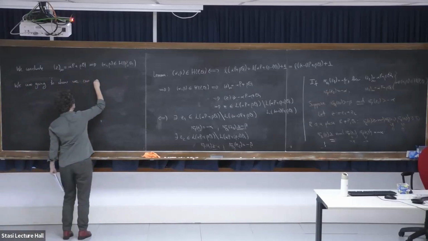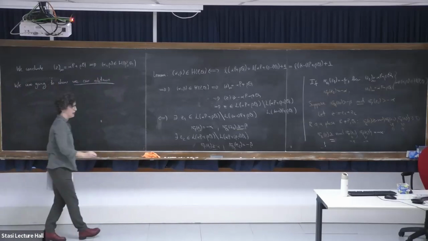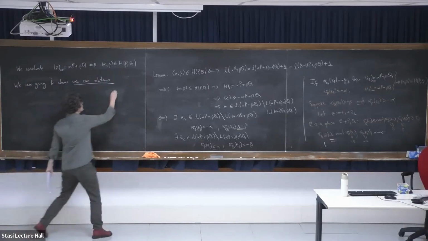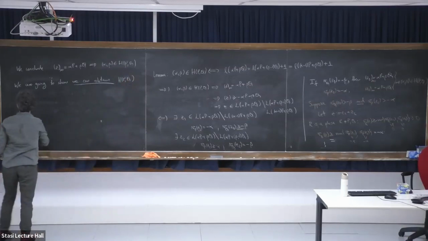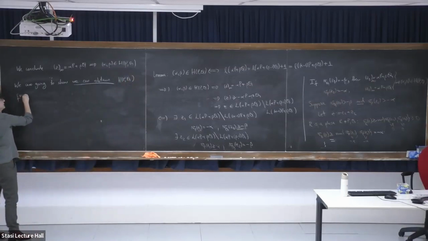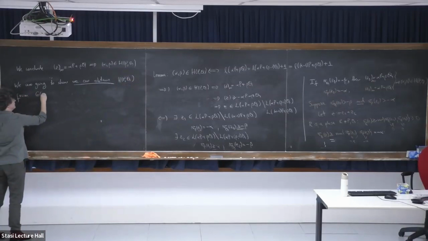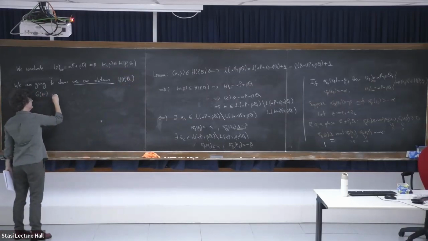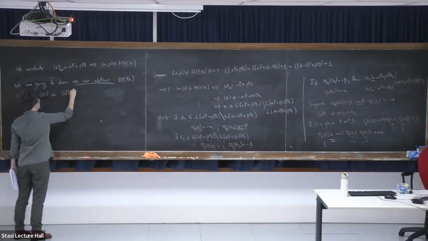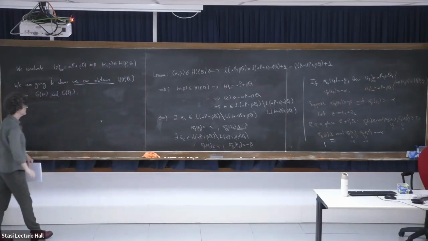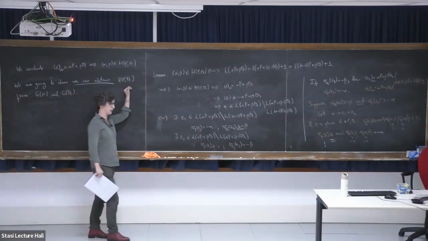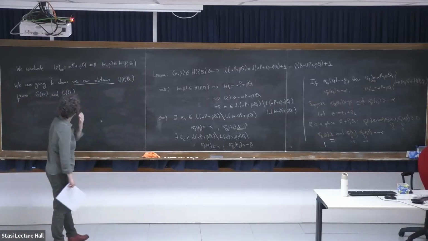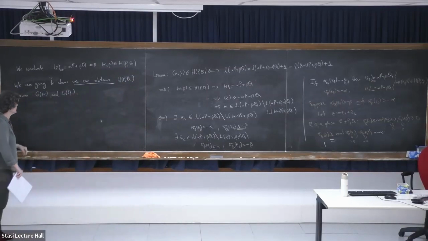There is a way to get this one from the gaps at the point P and the gaps at the point Q. So from the knowledge of these two, we can recover this one. So we need two lemmas to prove this.